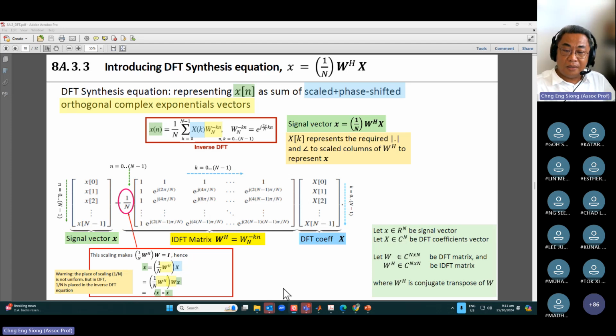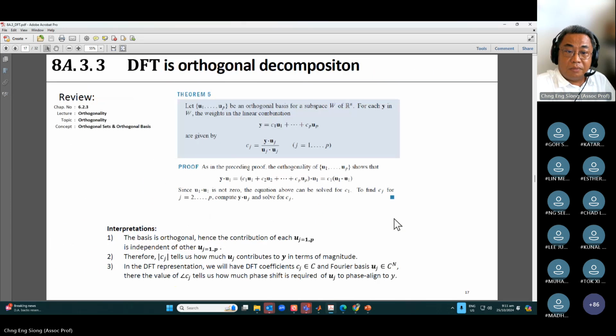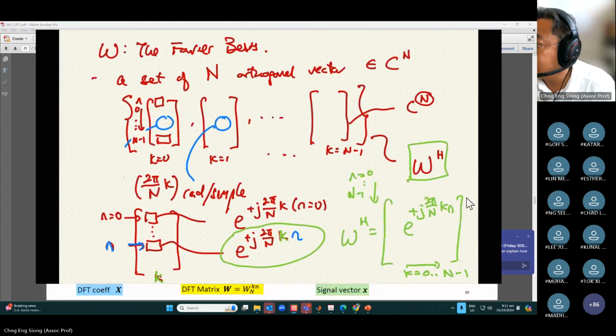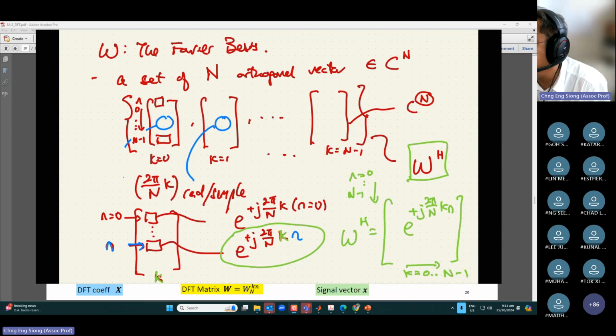Later on, I will show you that W^H and W, the conjugate transpose, satisfy W^H W equals I.